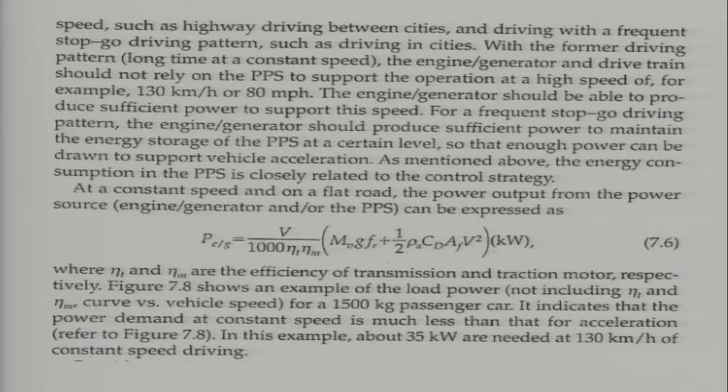On a flat road, here you can see PEG is the power supplied by the generator or engine. This is equal to V divided by 1000 eta F into eta M. Sorry, these are eta F and eta M, the efficiency of transmission and traction motor respectively, and this parameter is the voltage, and these are the other parameters of the engine.